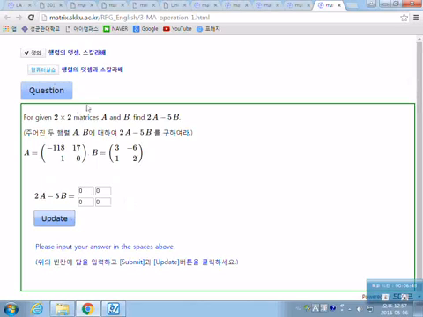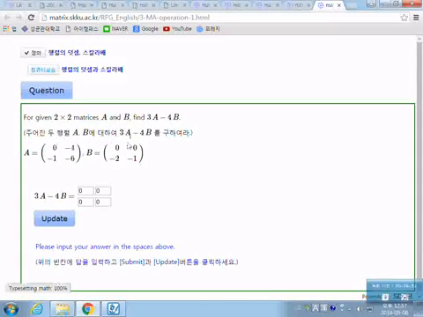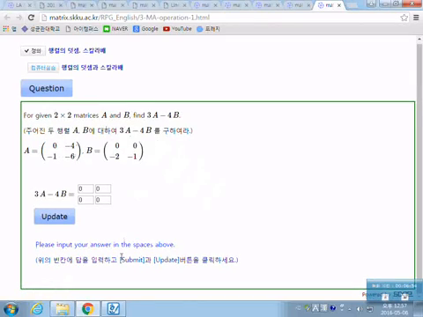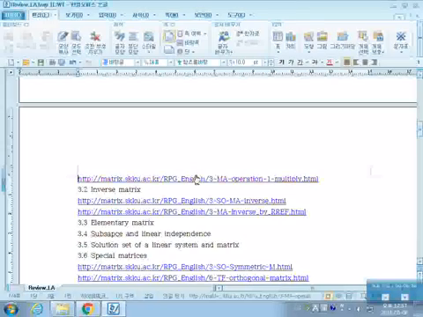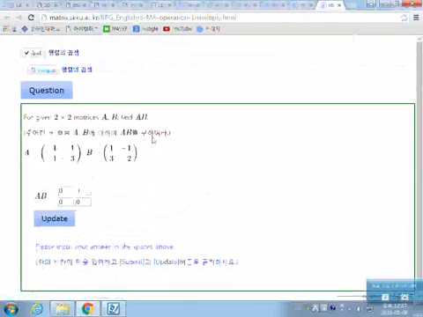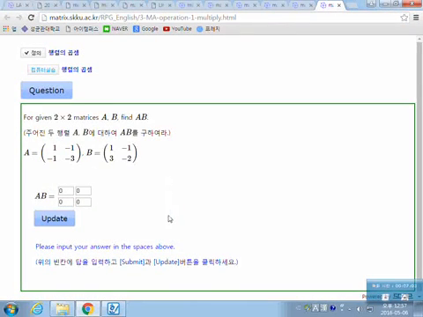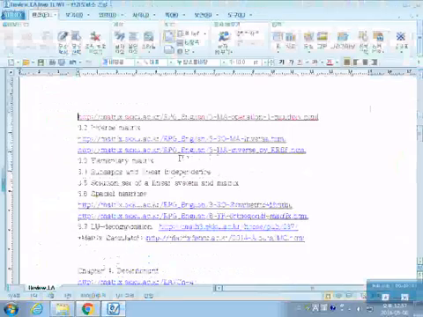Then we can try this kind of question again, similar things. If we refresh the page, the values will be changed randomly. And here is the product of two matrices, like this way.